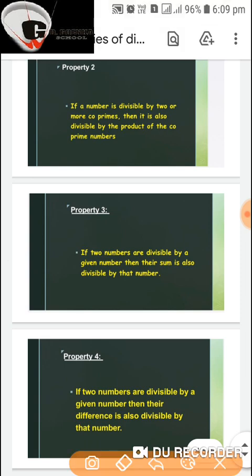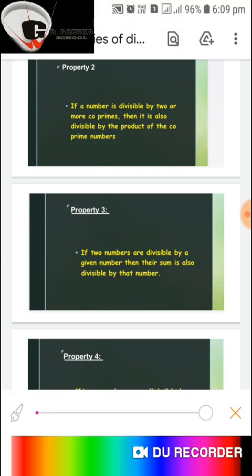Property 3 says that if two numbers are divisible by a given number, then their sum is also divisible by that number. Now let us take any two numbers, suppose 21 and 15. We know that 21 is divisible by 3 and 15 is also divisible by 3.